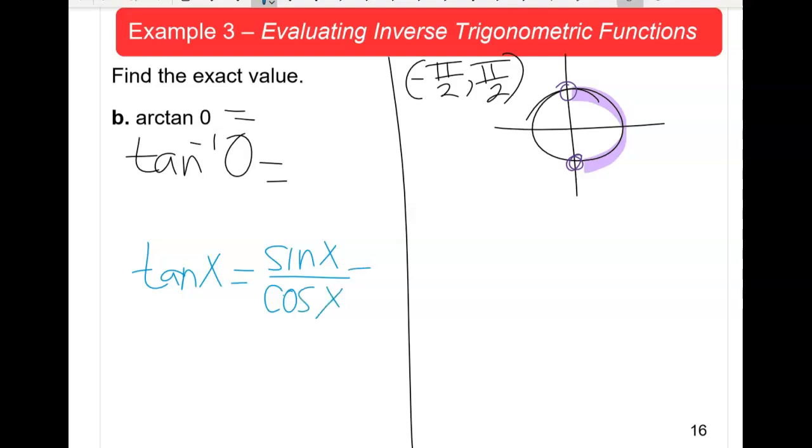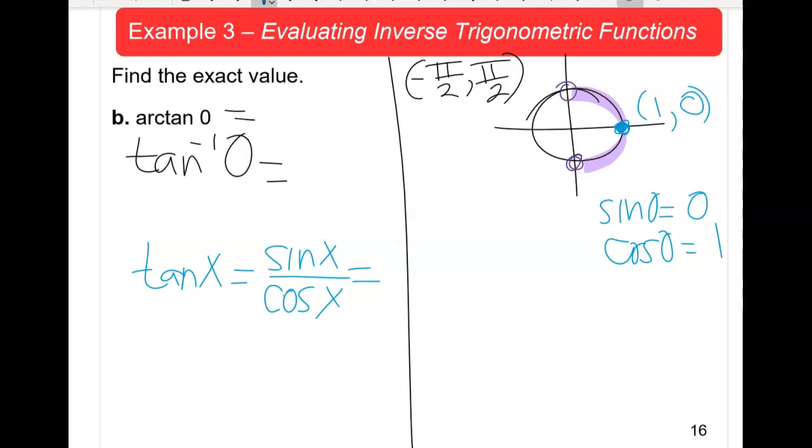And so at this particular point right here, at zero radians, the coordinates with respect to the unit circle are (1, 0), meaning that the sine of 0 radians is equal to 0, and the cosine of 0 radians is equal to 1.